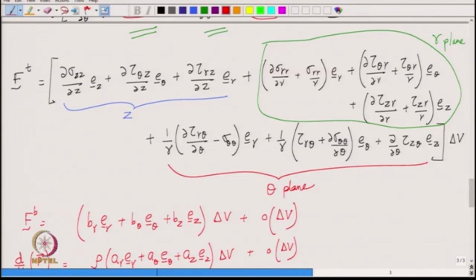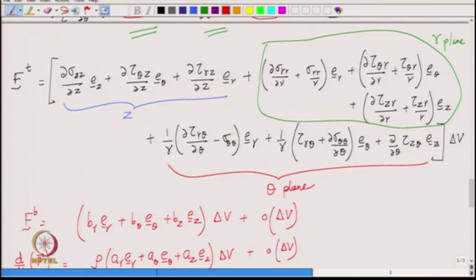Can we think of clubbing them along the E_r, E_θ and E_z directions, so that we get the equations in the r direction, theta direction and z direction separately. So, what we will have to do is simply for E_r just extract the components which are in the E_r direction, right.